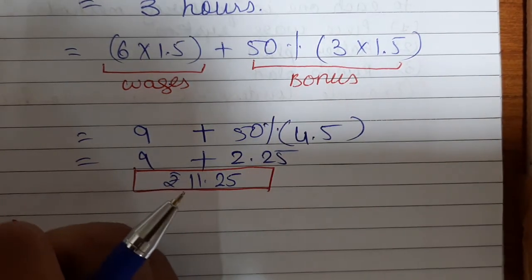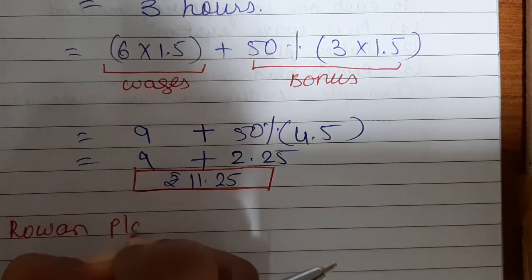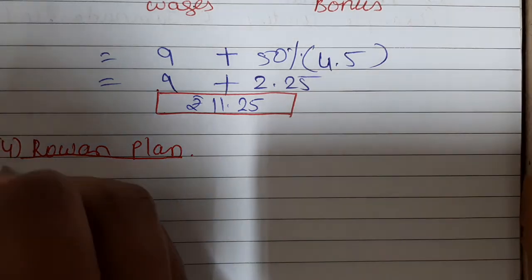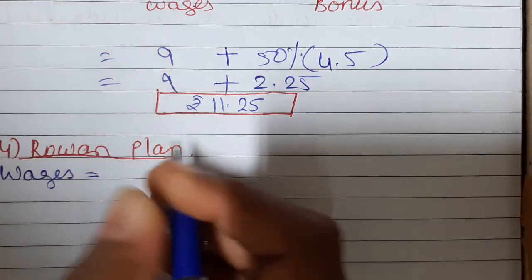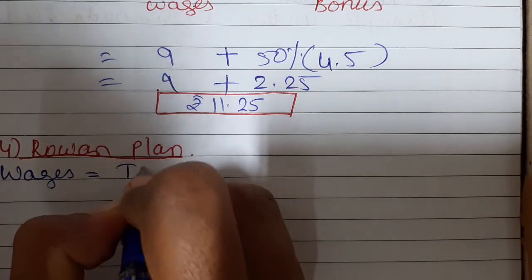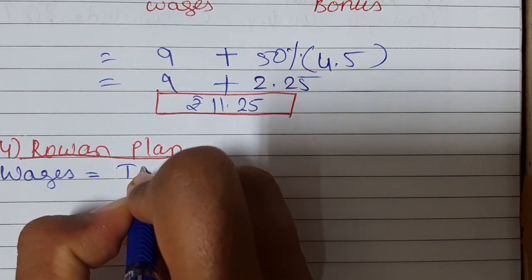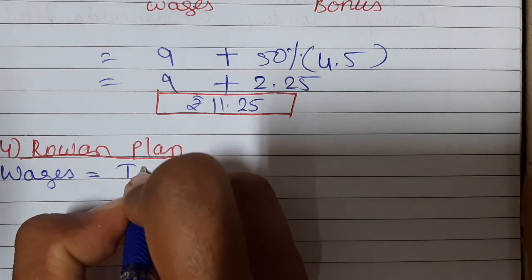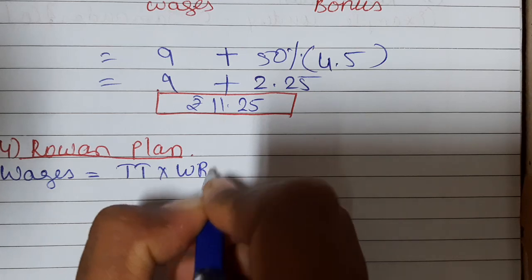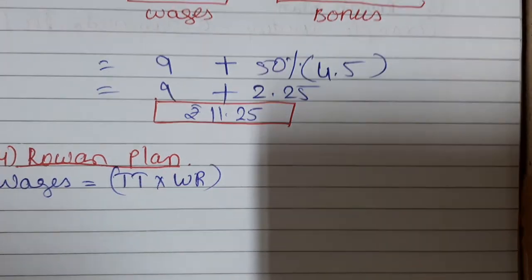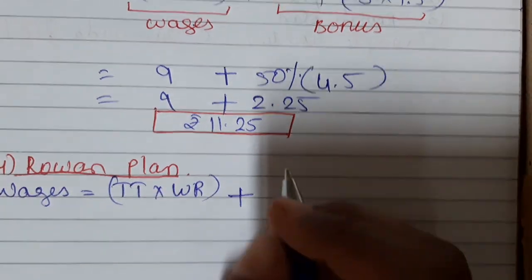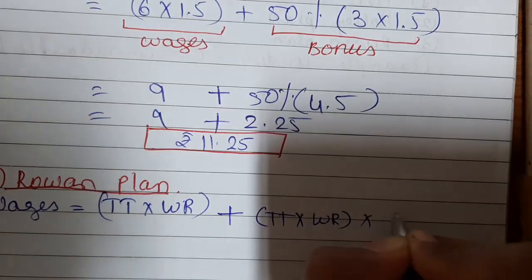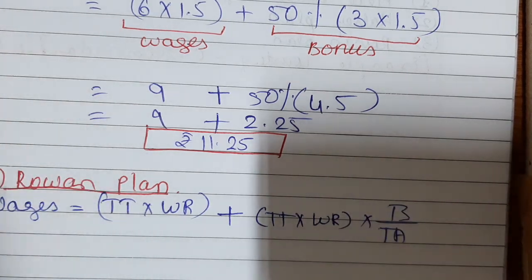Last calculation, Rowan plan. The formula of Rowan plan: wages equals time taken into wage rate, as it is in Halsey plan, plus time taken into wage rate into time saved upon time allowed.